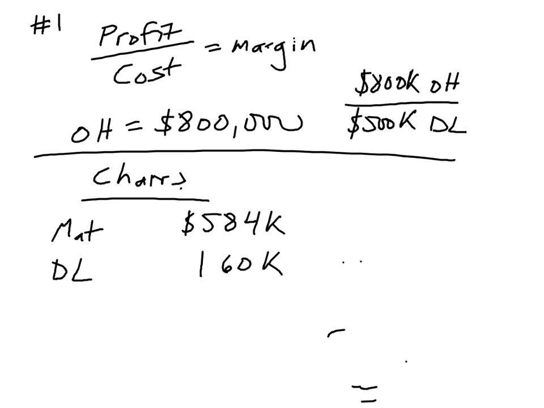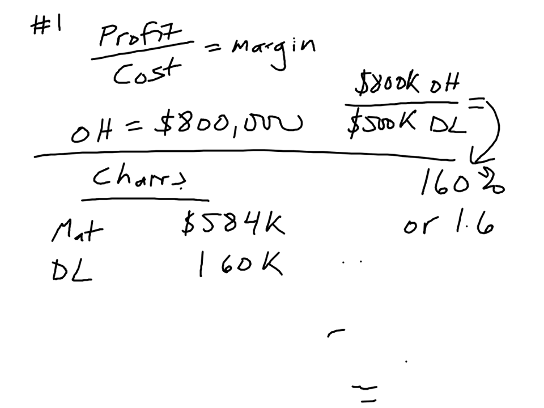Okay, so for the year you incurred $800,000 in overhead and 500,000 in direct labor. And so if you're going to apply overhead based on direct labor, you just do 800 divided by 500, and that's going to give you 160% or 1.6. Same thing.